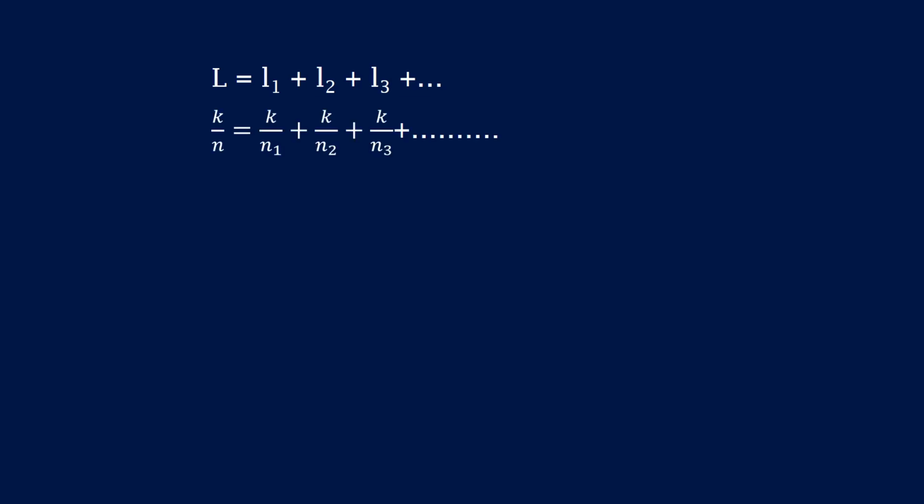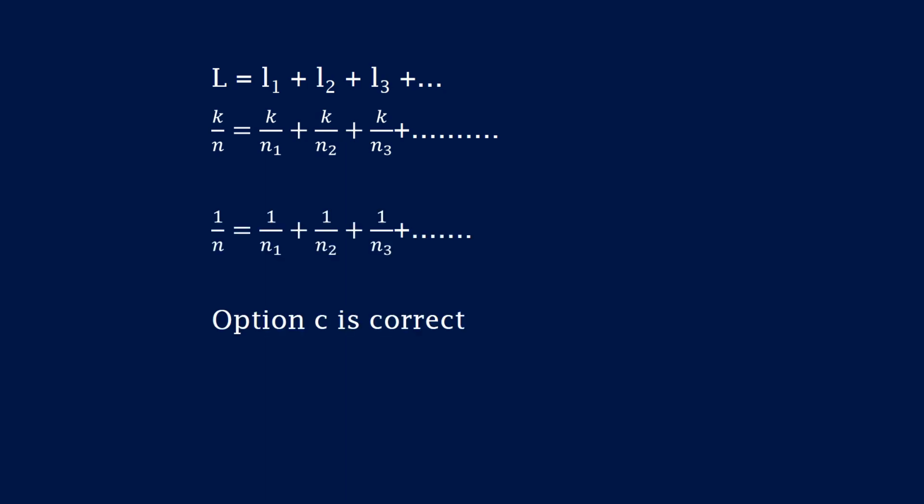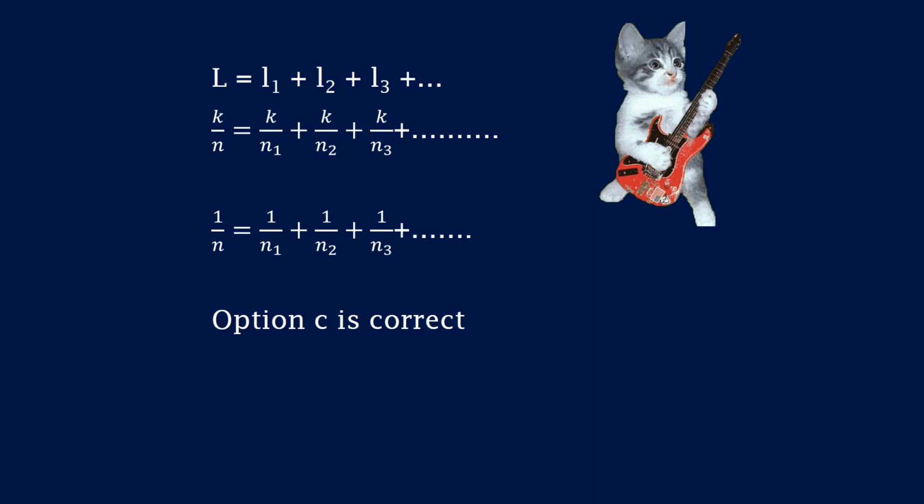Therefore, L is equal to K upon N. Now, L is equal to L1 plus L2 plus L3 plus so on. Therefore, K upon N is equal to K upon N1 plus K upon N2 plus K upon N3 plus so on. Therefore, 1 upon N is equal to 1 upon N1 plus 1 upon N2 plus 1 upon N3 so on. Option C is correct.